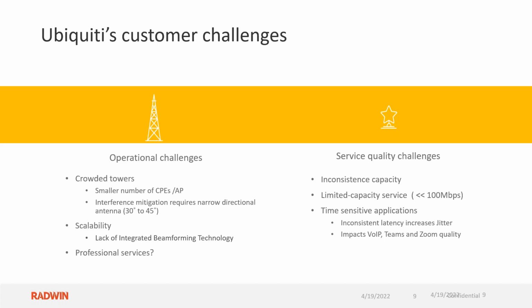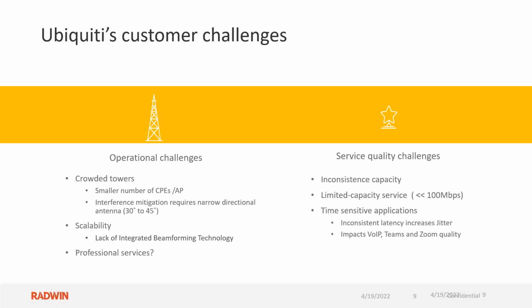For example, when it comes to crowded towers, there's a tower system that I helped work on that's not far from me, and the ISP has a ton of access points up on the top of the tower. That means as I'm adding subscriber units, I'm starting to have to add more APs on the tower, so the towers start getting crowded.